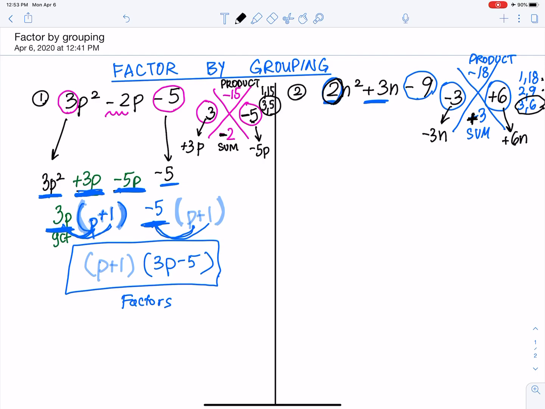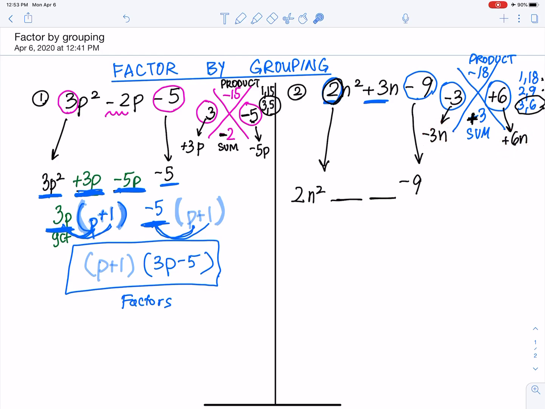So factoring by grouping, we're going to rewrite our expression as first term first, last term last. So now let's put here negative 9, and we have space, space. Now, what goes in these spaces? What you got from your X factor.